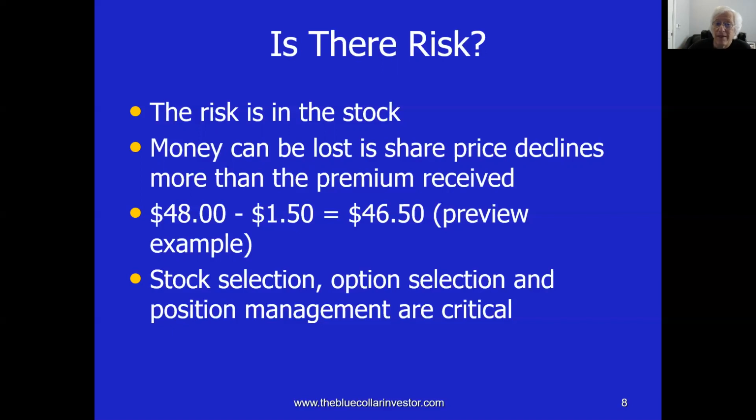So in the preview example, we bought the stock at 48, sold the 50 call. If the price of the stock goes higher than 50, we don't participate in that additional appreciation, even though our monthly return will be phenomenal. But the main risk on the downside is that if it drops below the break even, and that's why we need to be prepared with our exit strategy arsenal.